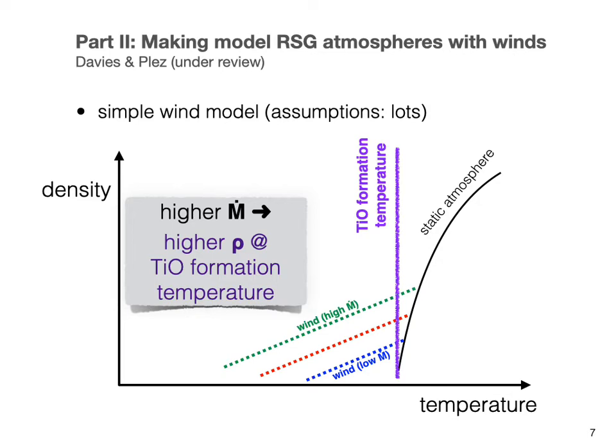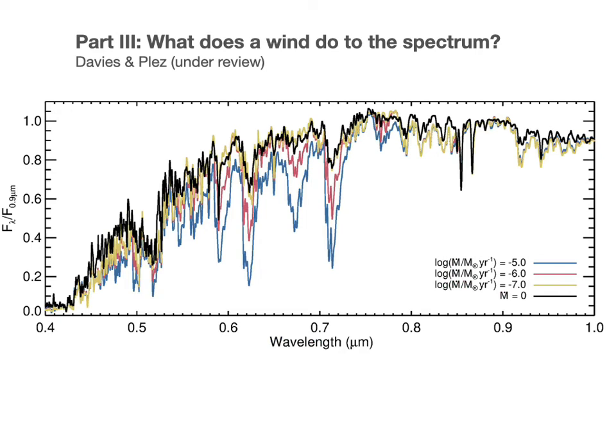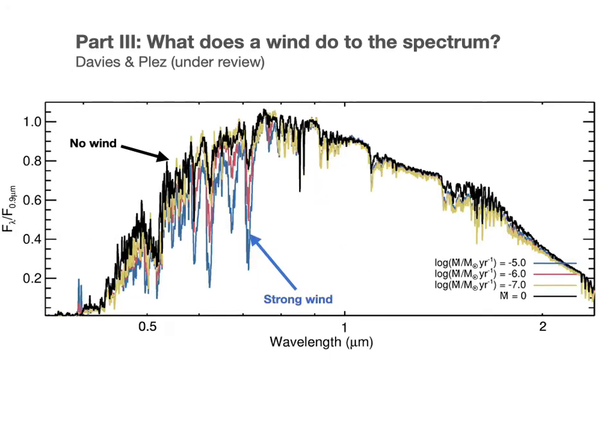So onto our results then, and this is what we see. If we compare a spectrum from a windless model in black, that always has weaker titanium oxide bands than those models with mass loss rates typical of red supergiants, even though all those models have the same effective temperature. But in the near infrared, the flux is largely unchanged.